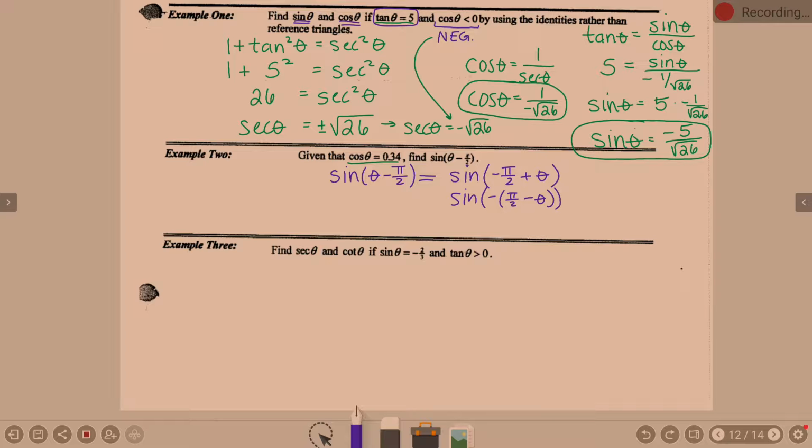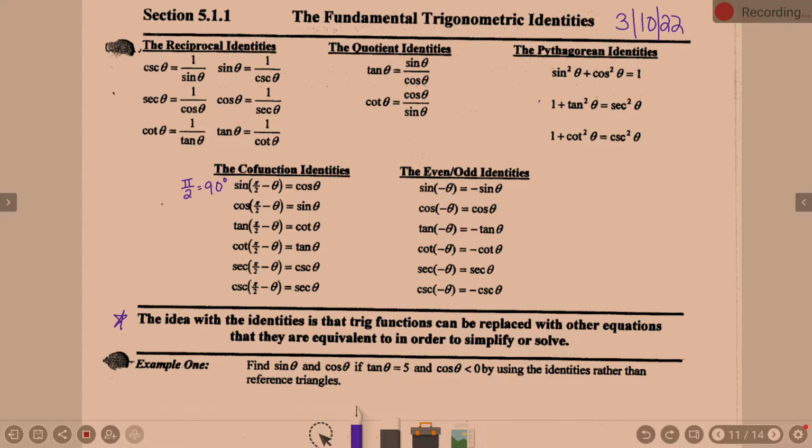But if I factor that negative out, what do my even-odd identities say about a negative in the sine?